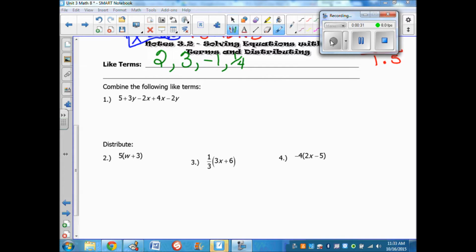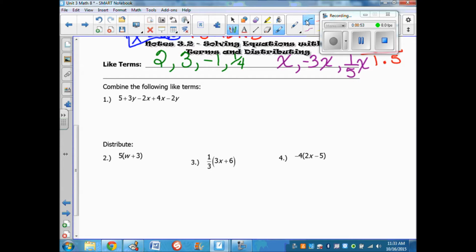Now, what might be another example, something a little bit different? What if I had x and -3x and 1/5 x? Those are like terms. I'm going to give you another example.